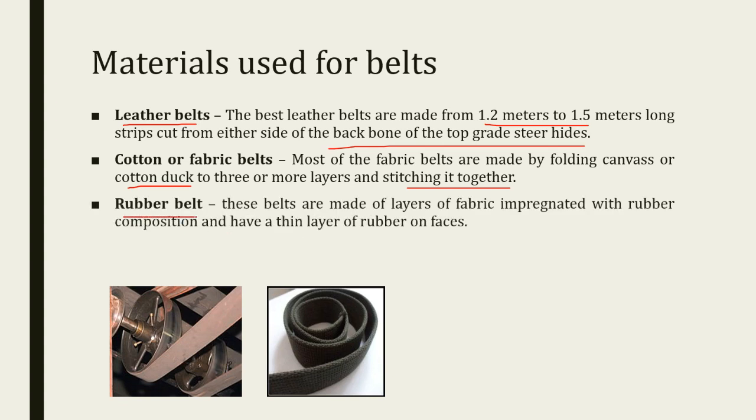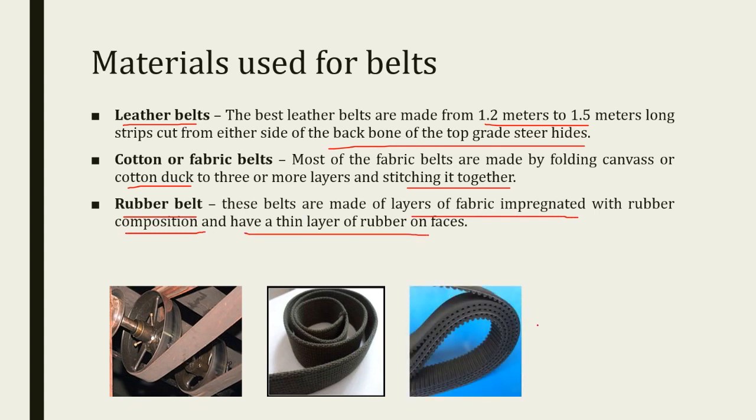Then the third material that can be used for the belt is rubber, and these are made from layers of fabric impregnated with rubber composition and have a thin layer of rubber on the faces. This is how a rubber belt looks, and generally it is used for V belts because of the advantage that it gives, and also it does not slip very easily.